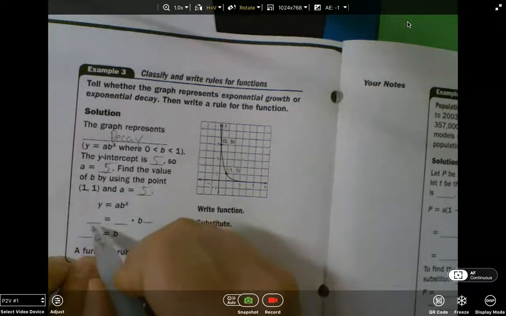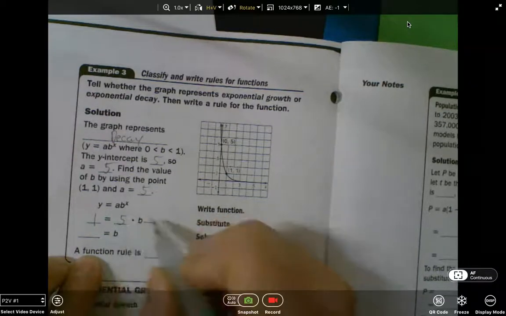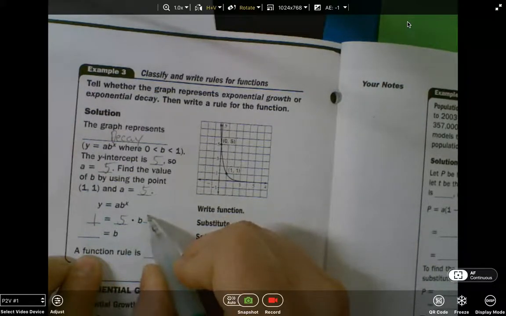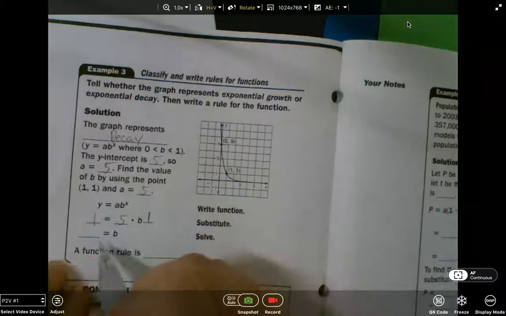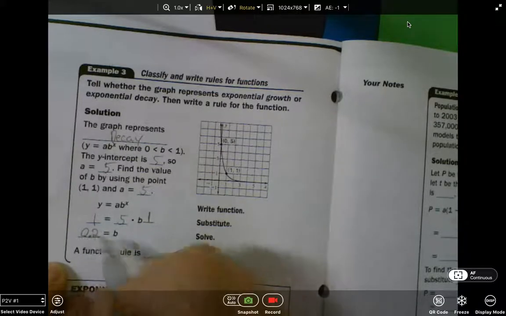So I'm going to still have a equal to 5, but now I'm going to plug in (1, 1). I put 1 for y, a is 5, and then b to the 1. So that gives me b equal to 0.2.